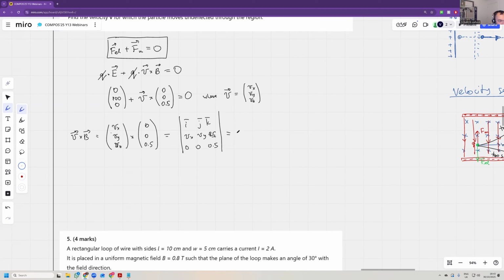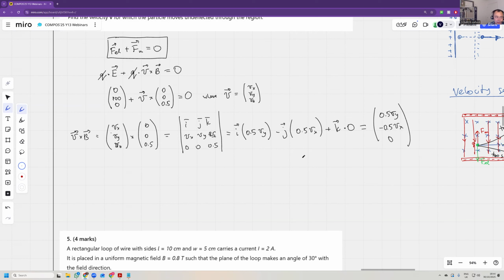Open brackets. So I multiply i by 0.5 Vy, minus j multiplied by 0.5 Vx, plus k multiplied by 0. So the product is 0.5 Vy, minus 0.5 Vx, and 0.